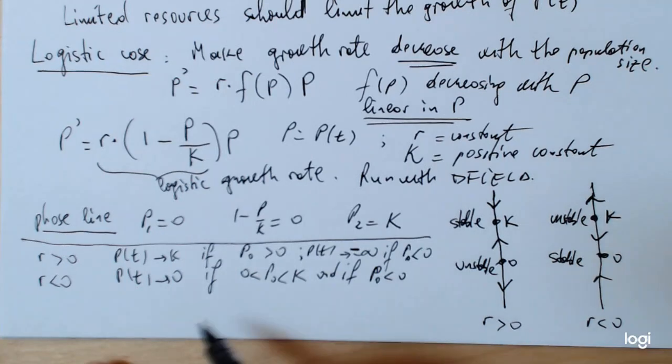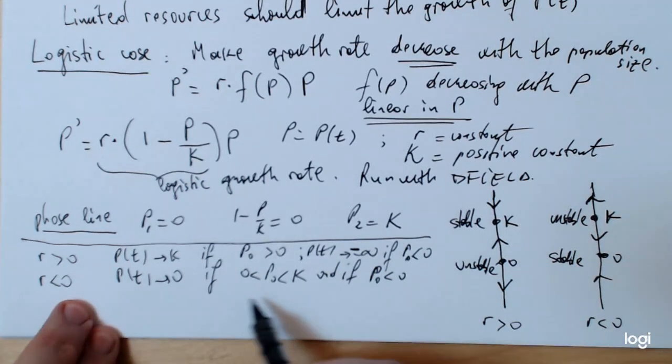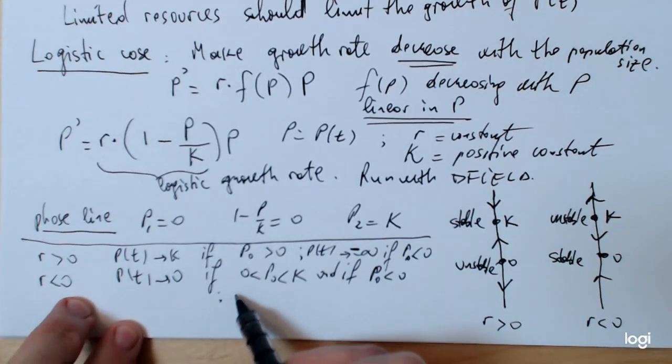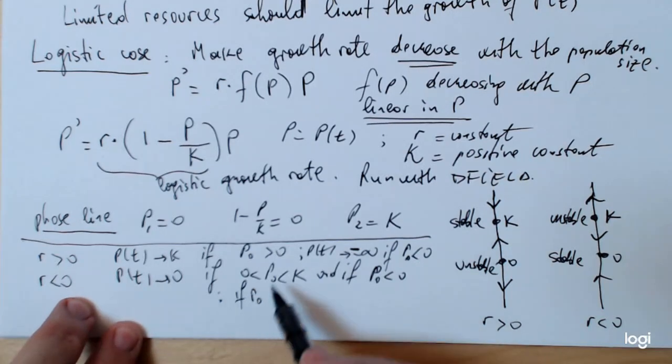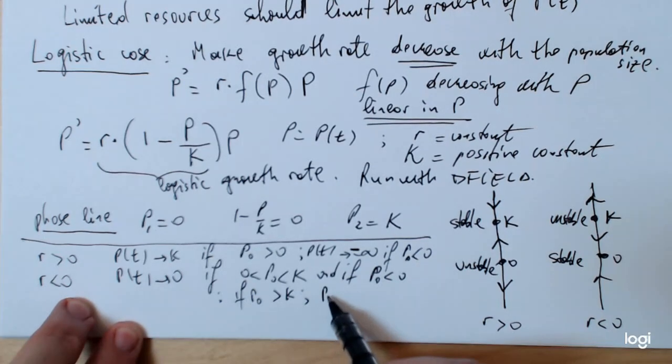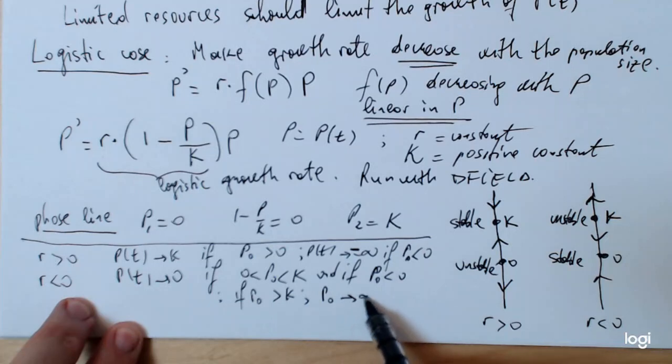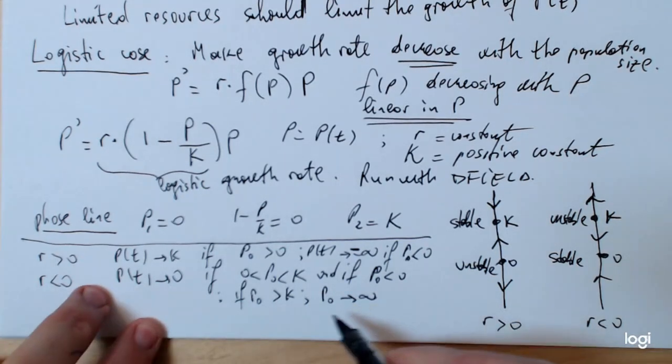If you start above K, if P naught is greater than K, P of t goes to infinity.